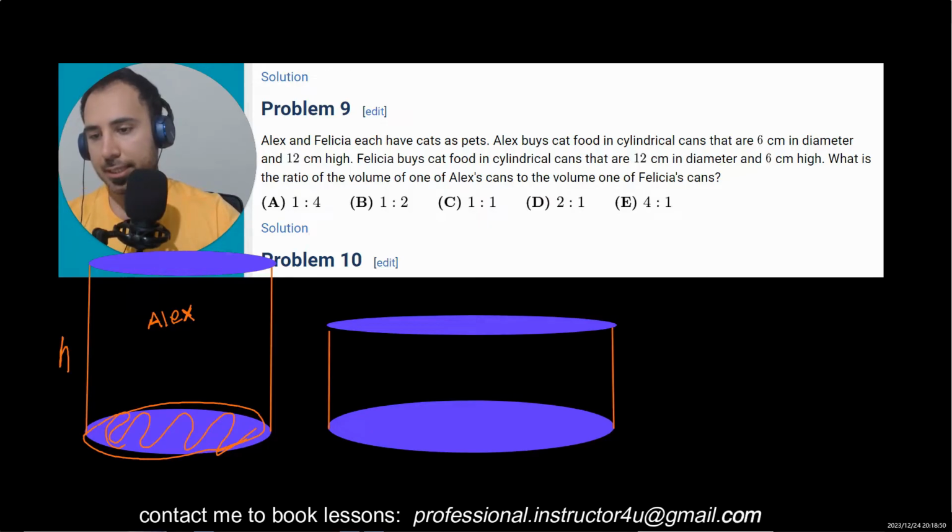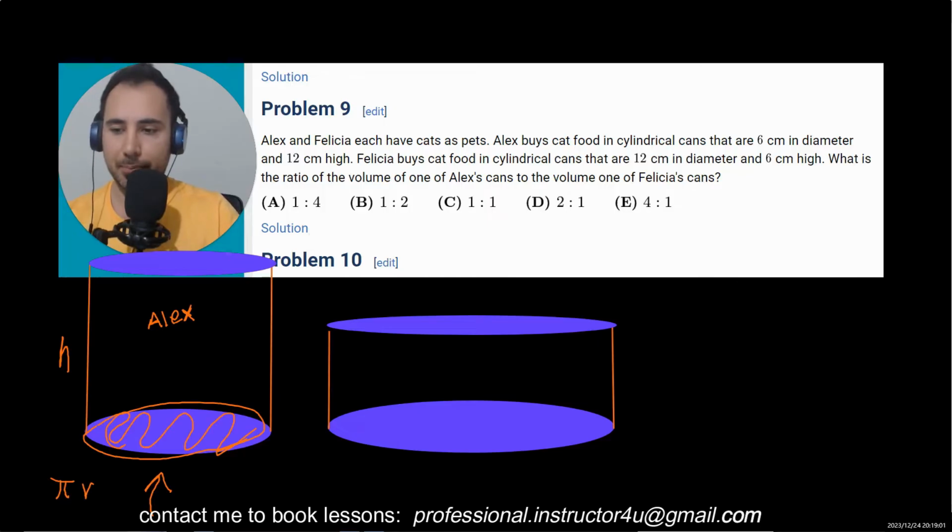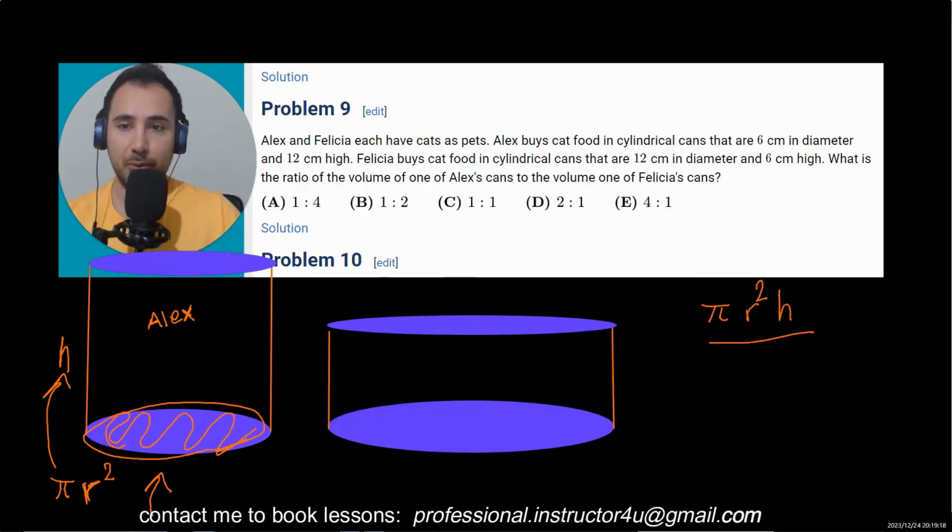Since this is a circle, the area is pi multiplied by the radius, again multiplied by its radius. So it's going to be pi r squared, and then we multiply that value by h. So the formula we're going to follow is pi r squared, multiplied by h.